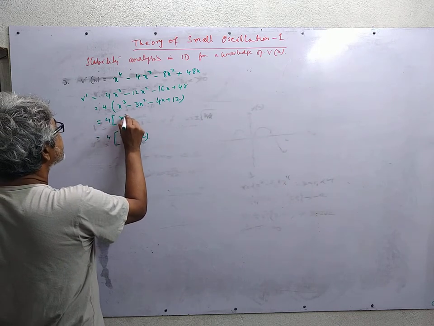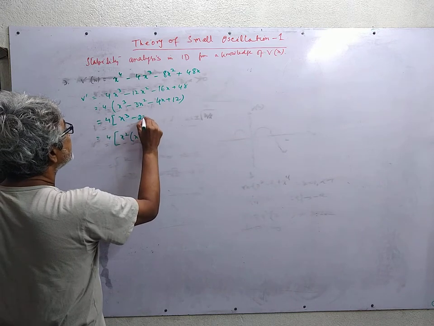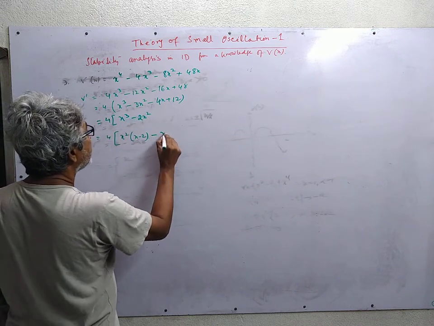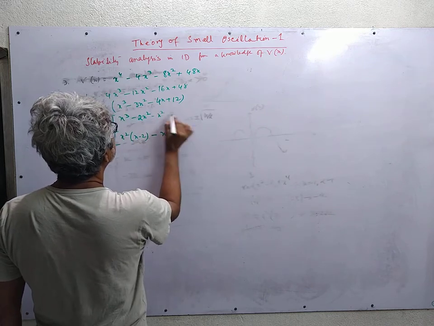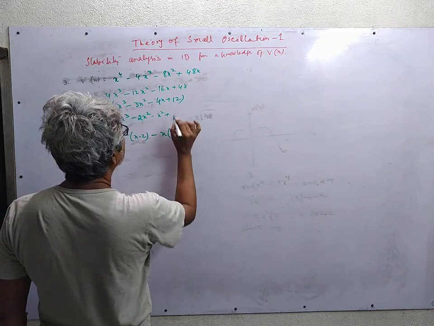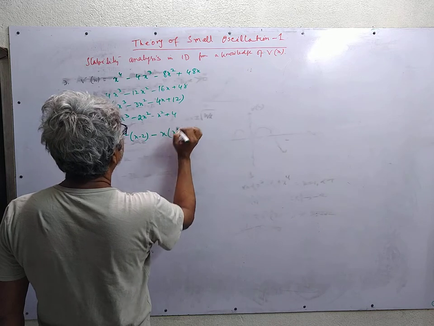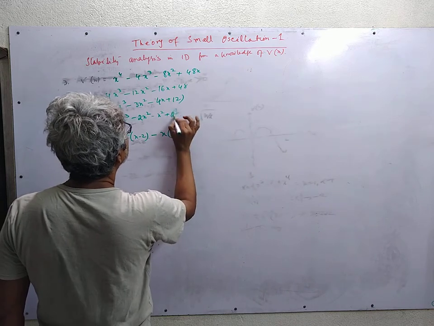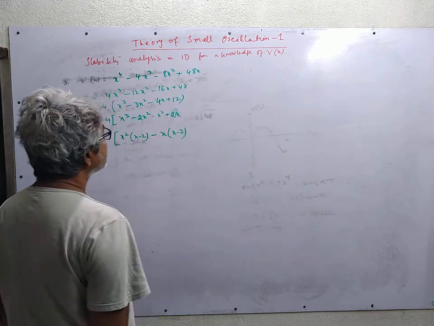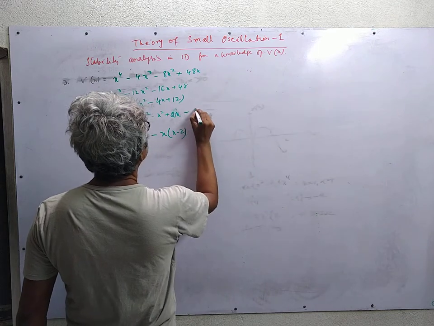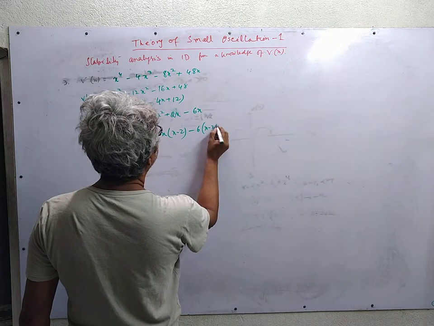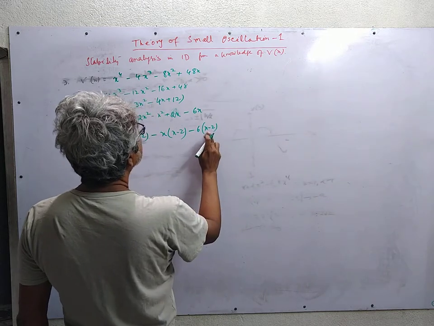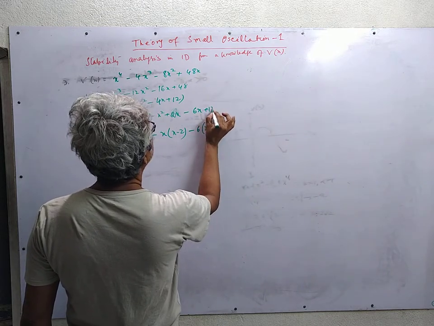So we write x square times x minus 2, this is x cubed minus 2x square, then minus x square plus 2x. Here we have minus 6x, so this is minus 6x plus 12.